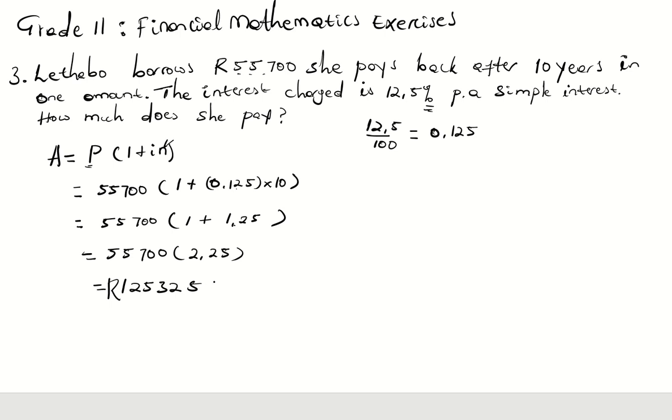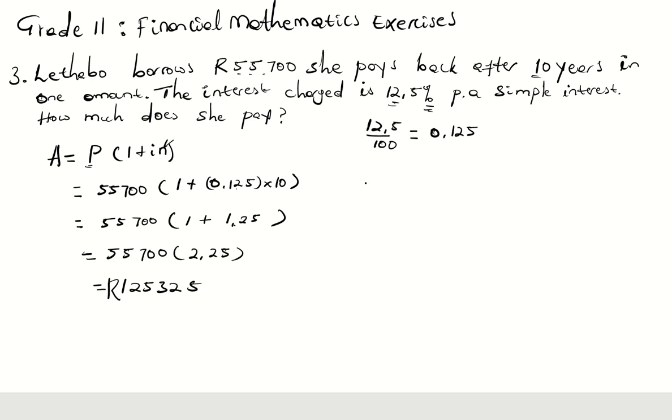That is how much Letabo will have to pay back if she borrows 55,700 for 10 years, which is charged at 12.5% per annum, and we are using simple interest.